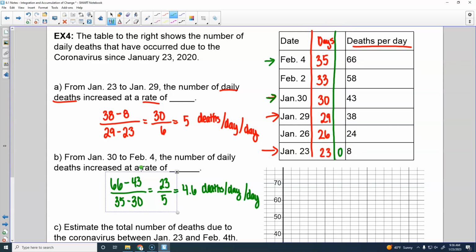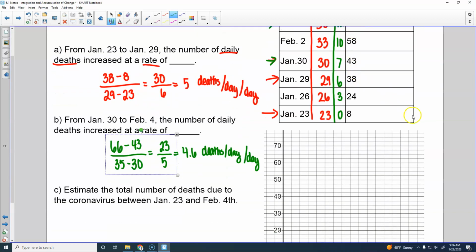So 23, 24, 25. So this would be 3. So subtract 23 here. This is 6. This is 7. This is 10. And this is 12. Yeah, it'd be 12 days.